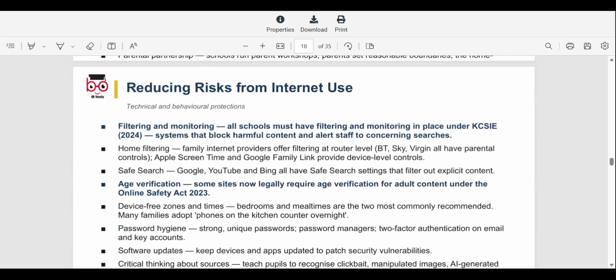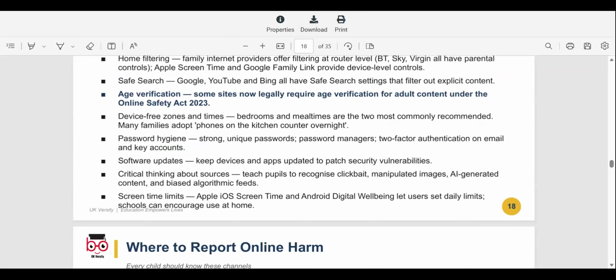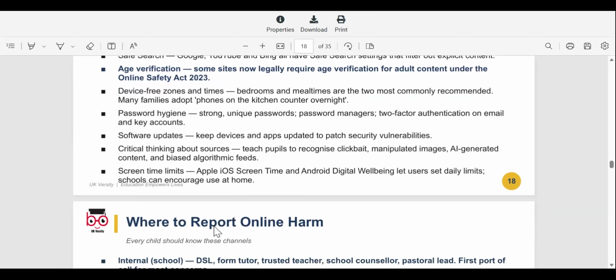Reducing risk from internet use: making sure that when it comes to schools, you are filtering everything and safe searching, home filtering, age verification, passwords in place, software updates and screen time as well.